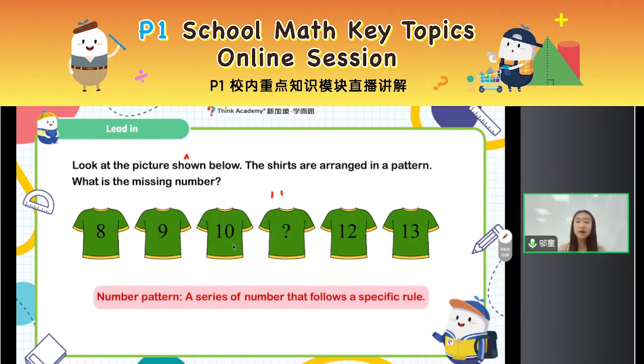Yes. So a number pattern usually is a series of numbers that follows a specific rule. We follow the rule and increase or decrease by this.